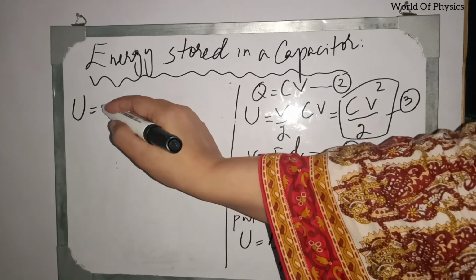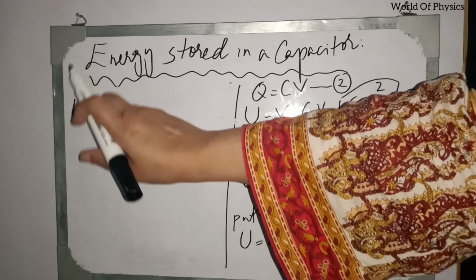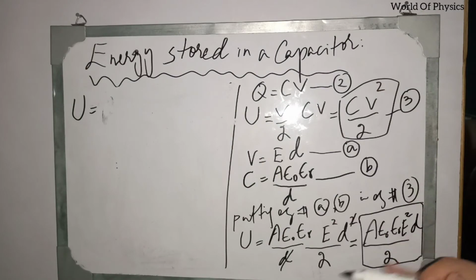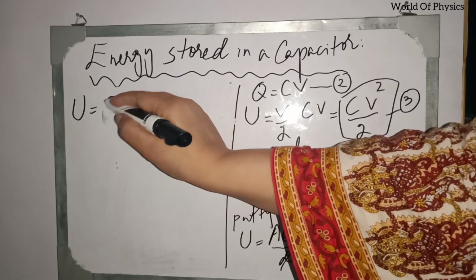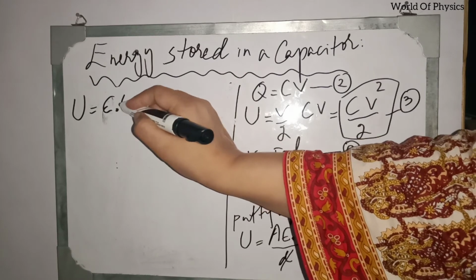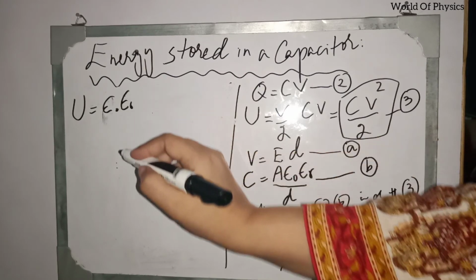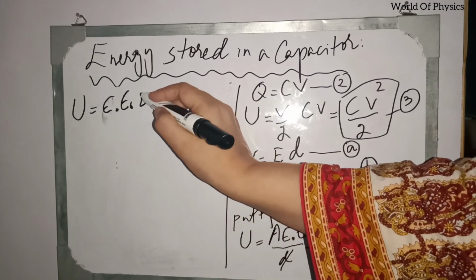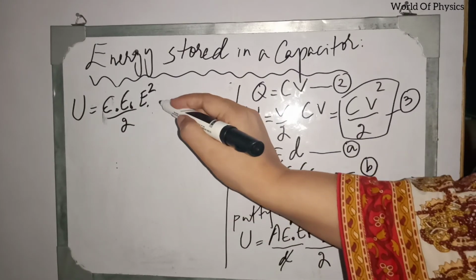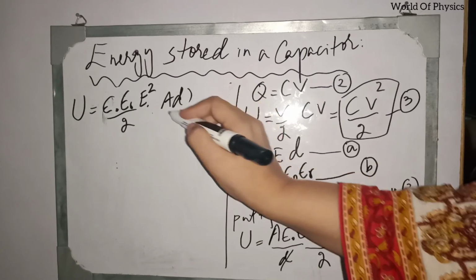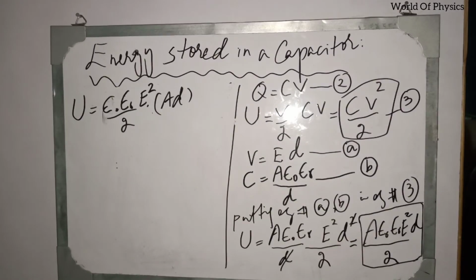U is equal to A, which will be written later. First of all, I will write down epsilon naught epsilon r into E square divided by 2, and then A into D. I have combined these two values, A and D.